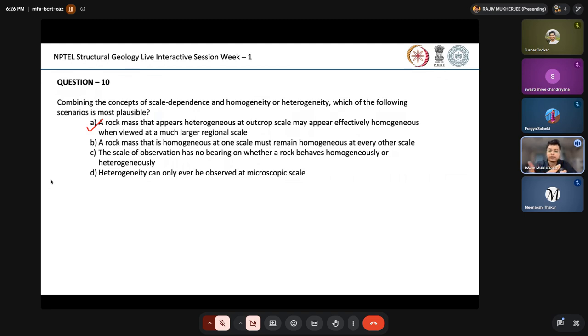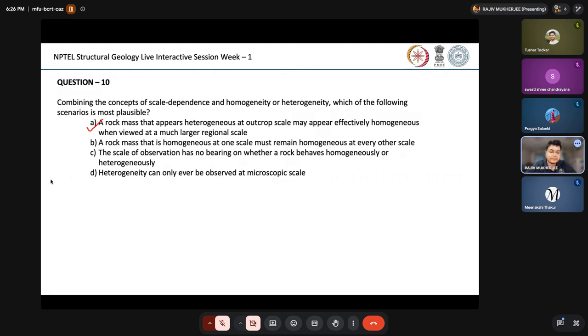So if I just look at the rock, what immediately comes to my mind? It is heterogeneous, of course, because there are layers of different compositions. And if the composition is different, how can the deformation be homogeneous? It has to be heterogeneous. So if I have a hand specimen of BIF and I try to deform it, the outcome of the deformation at hand specimen scale will of course be heterogeneous, right?